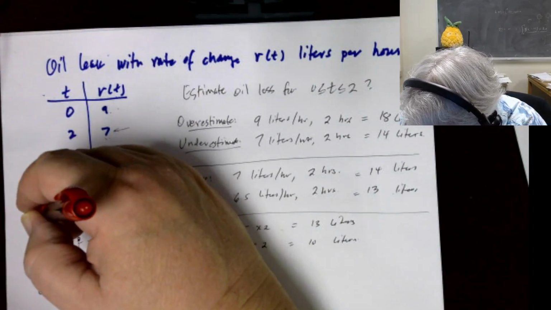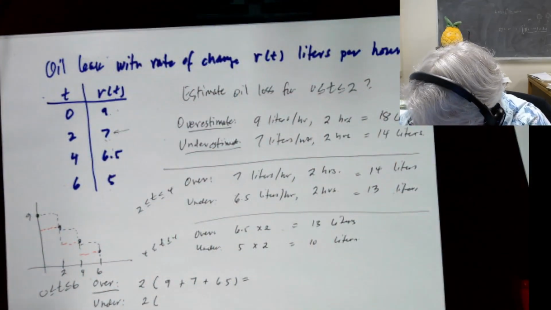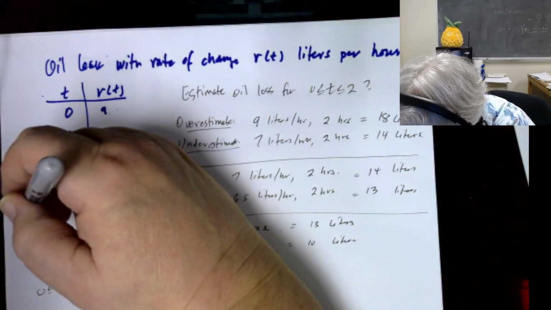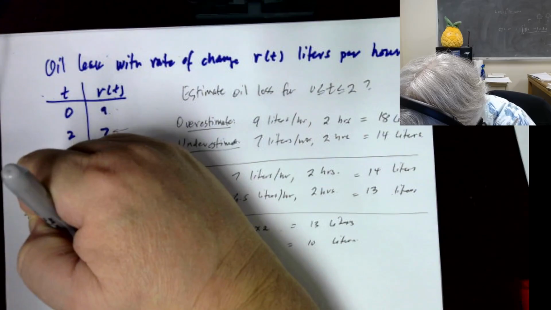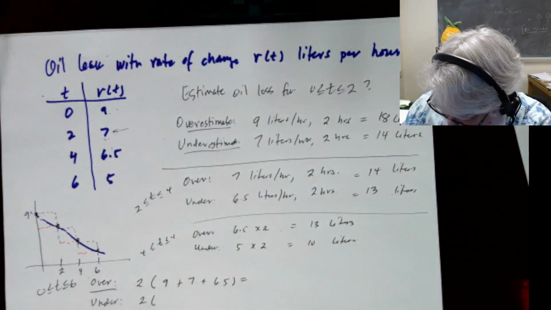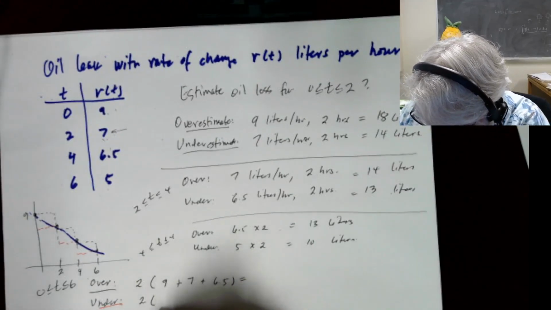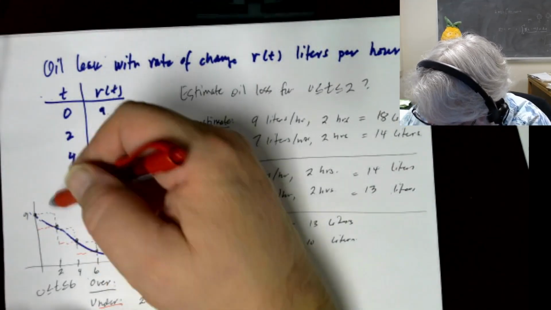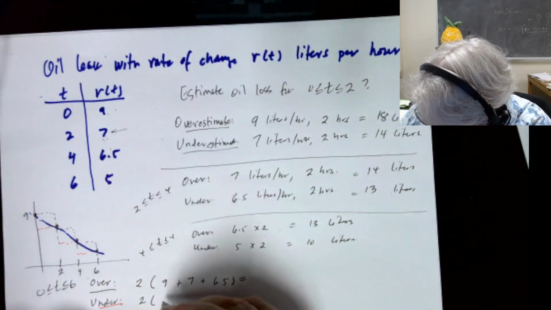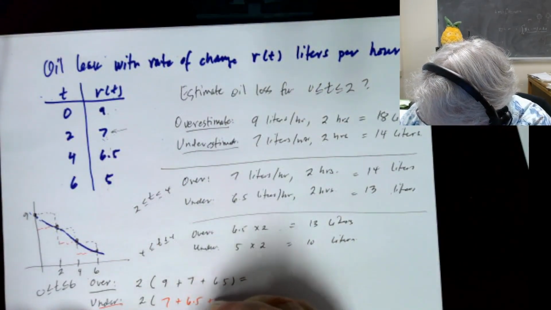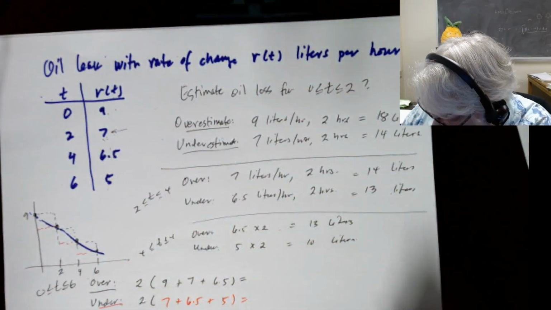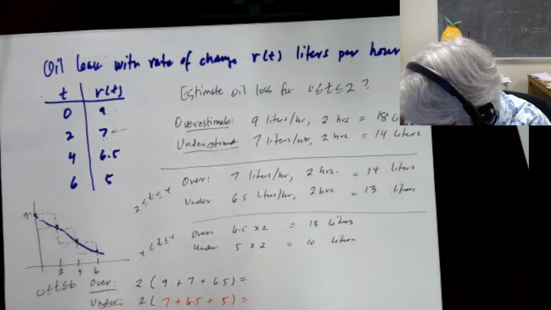And so the curve itself is going to be somewhere in between. So it may look like this, right? And so for the red rectangles, we would have 2, and then our first height would be 7 plus 6.5, and then our last height was 5. Good.